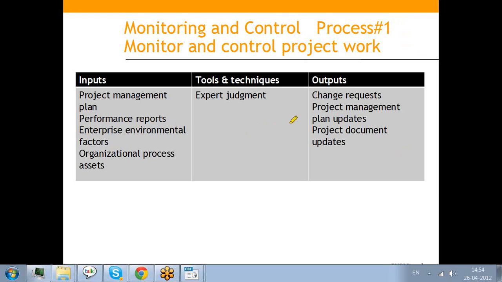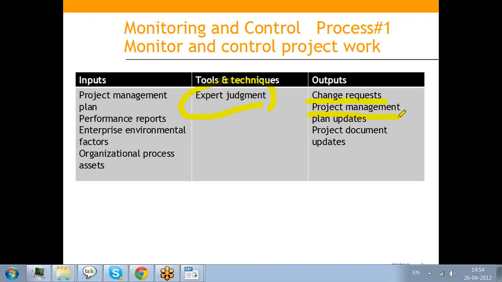Now here, if you see, while doing the monitoring and controlling, sometimes we will raise a change request if you need any scope change or cost change or things like that. We may have to raise change requests.